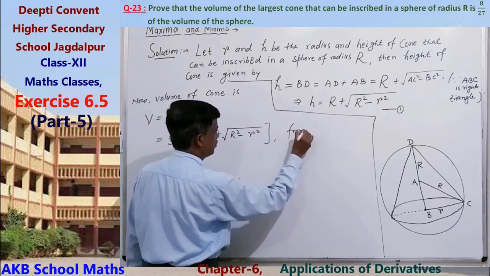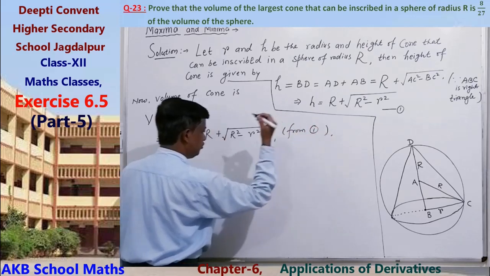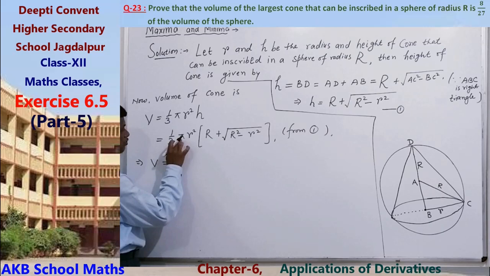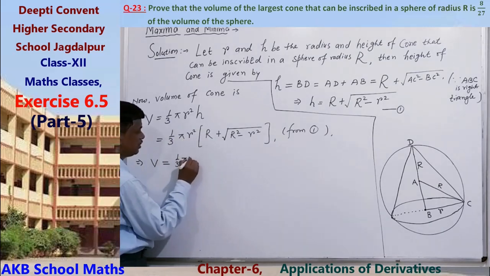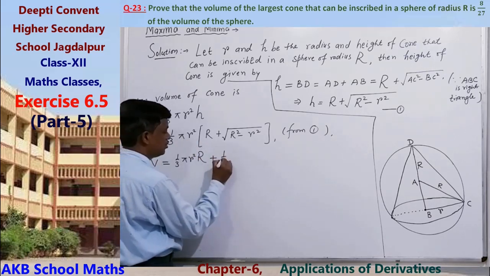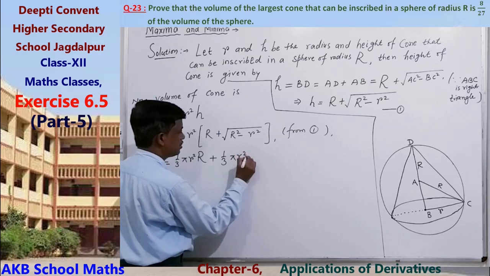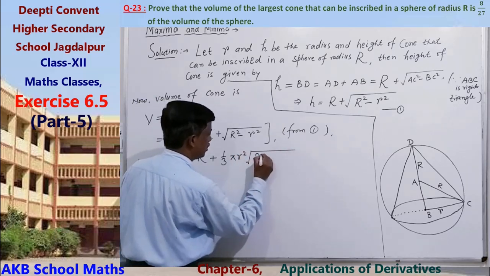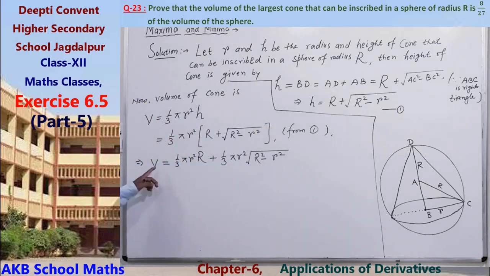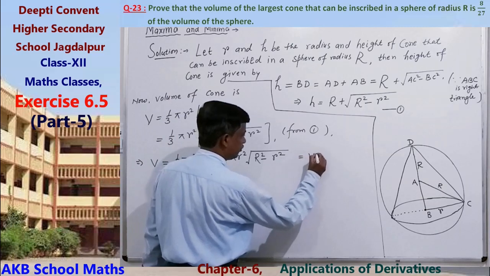This implies we get the volume V equals 1 by 3 pi r square capital R plus 1 by 3 pi r square root of R square minus r square. Clear? This is the volume in terms of small r. It is a function of r.